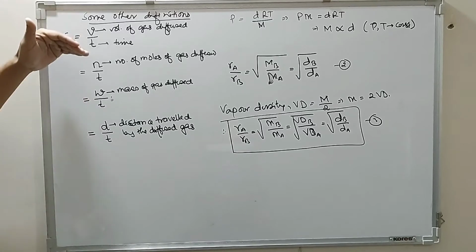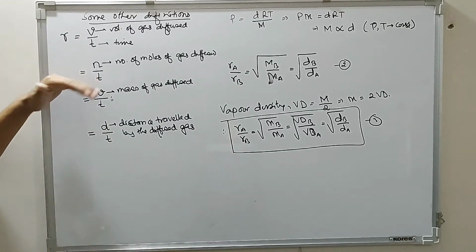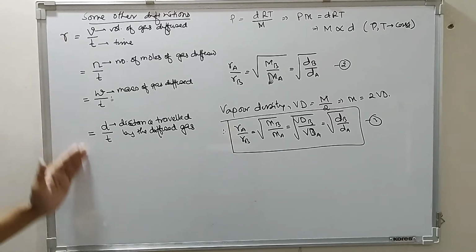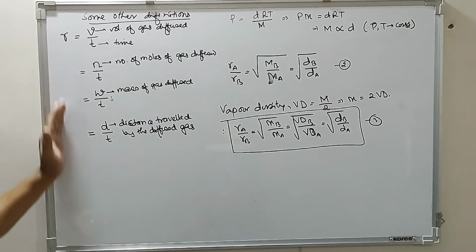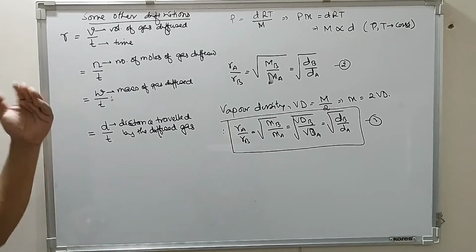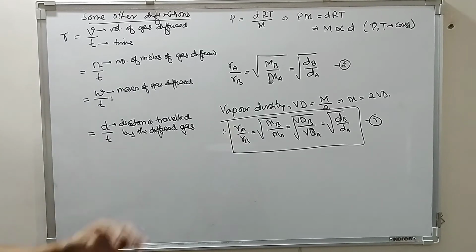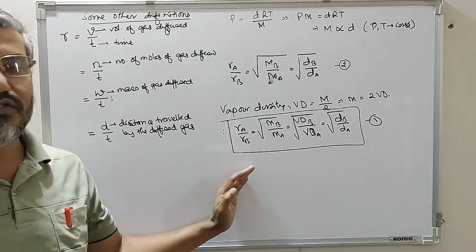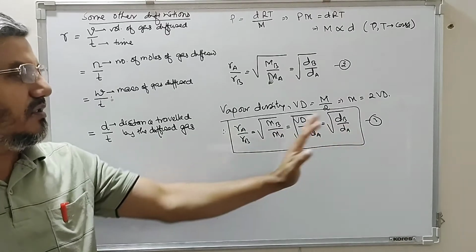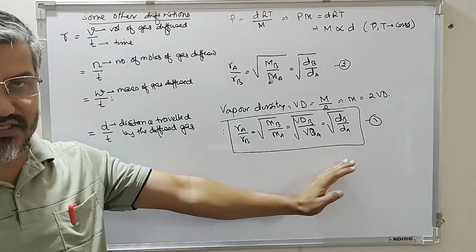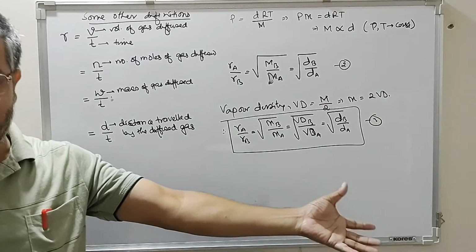So if volume or number of moles or mass or distance traveled by the diffused gas is given to you, then we can define the rate of effusion or diffusion in terms of these parameters. Or if nothing is defined, then the ratio of rates of diffusion will be defined in terms of molar mass, density, or vapor density.